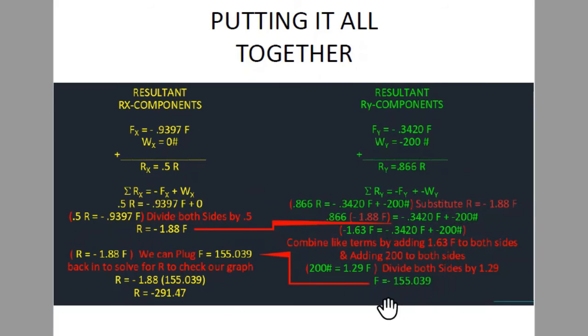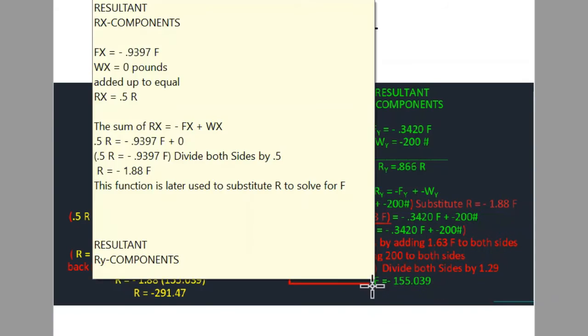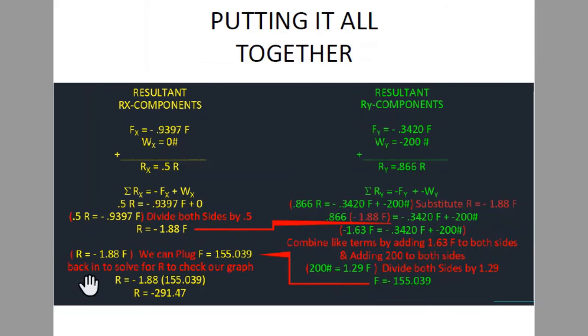We find here that f is equal to negative 155.039. Now we use this portion of the equation to plug back in and solve for r. And we find that the resultant is equal to negative 291.47.